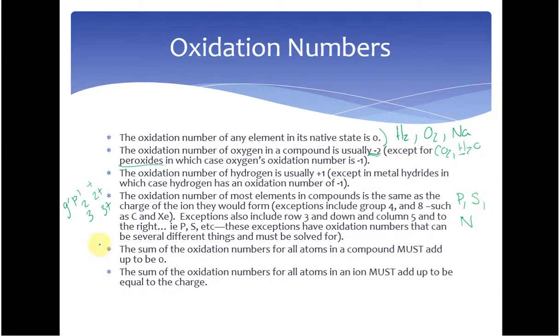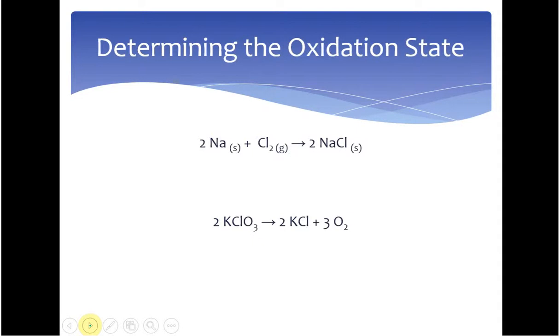Now, the great thing is the sum of the oxidation numbers for all atoms in a neutral compound has to add up to be 0. And the sum for anything in an ion has to add up to be equal to the charge. So if you have something like NO3, the nitrate ion, all of the oxidation states here have to add up to be -1. The oxidation states of hydrogen and oxygen in water have to add up to be 0 because this is neutral.